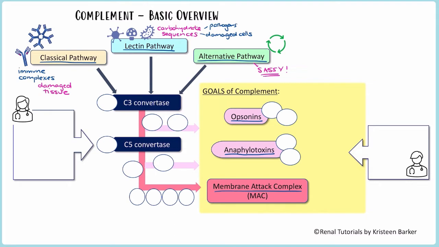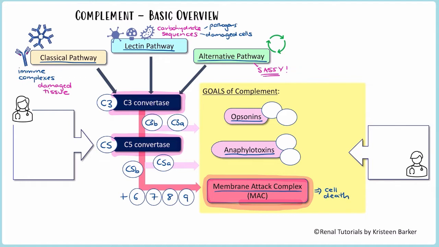But regardless of which pathway is sparked off first, these 3 triggering pathways converge on the production of C3 convertase, then C5 convertase, and finally the formation of the membrane attack complex, which punches holes in cells, causing them to die. And along the way, the cascade produces anaphylatoxins and opsonins.